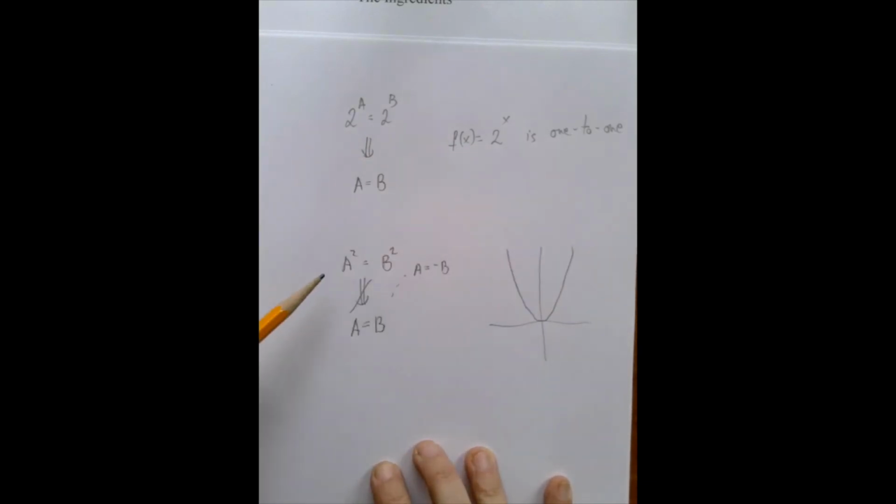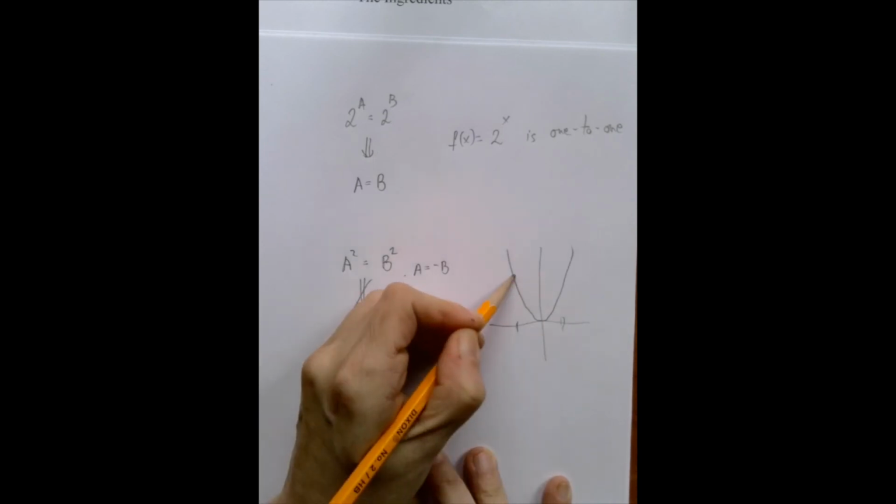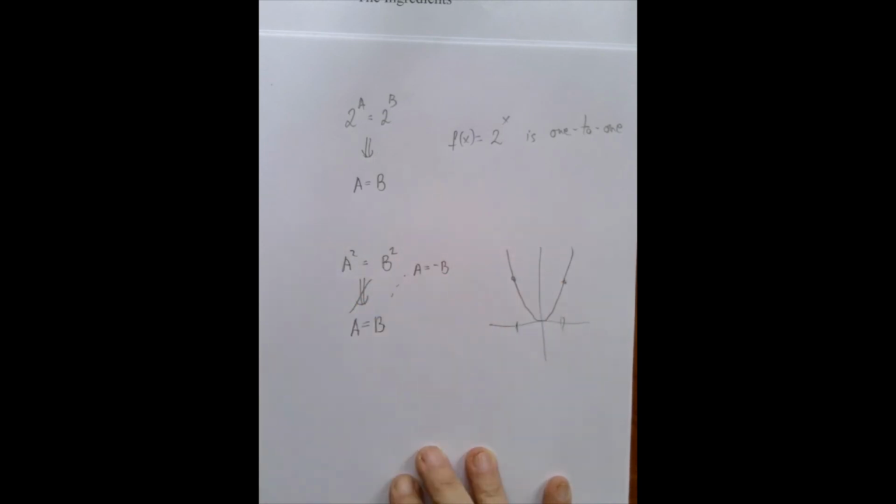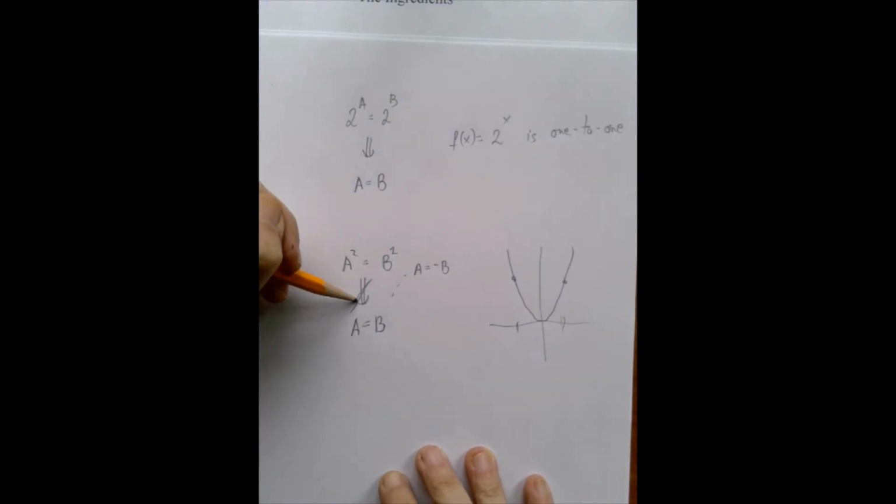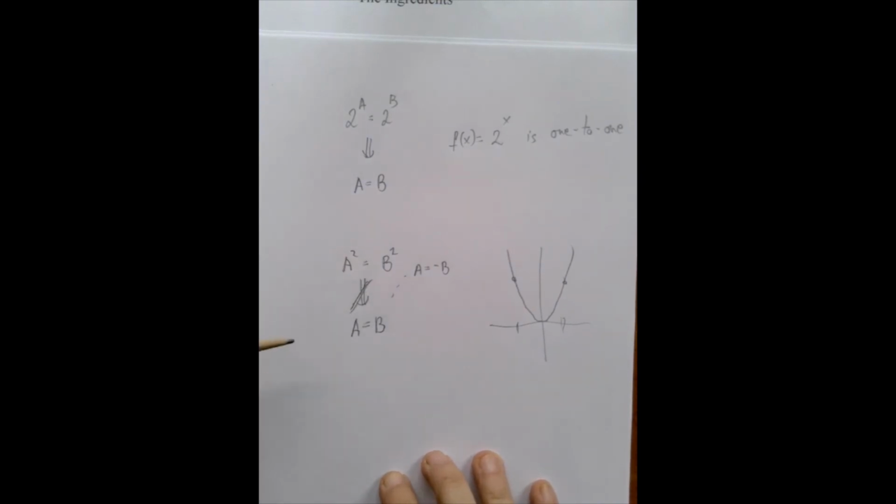So you can have two different things, namely opposites, like -2 and 2, that will land on the same y value. So we don't have this nice, useful property. And so we have to be very, very careful when we are trying to take the square root of both sides of an equation, so to speak. This is not the case with the exponentials. Exponentials have this nice property. Okay, so we're ready to prove the main theorem.